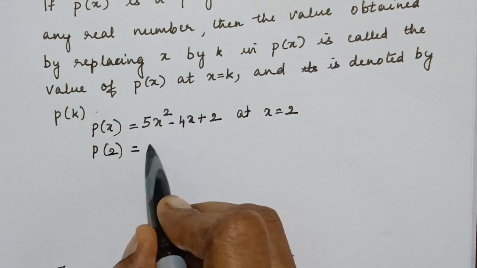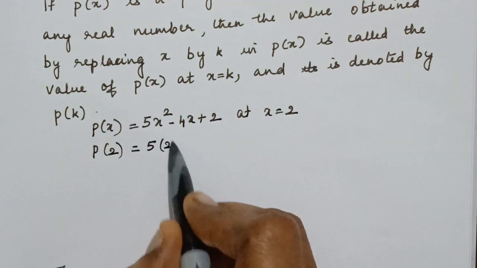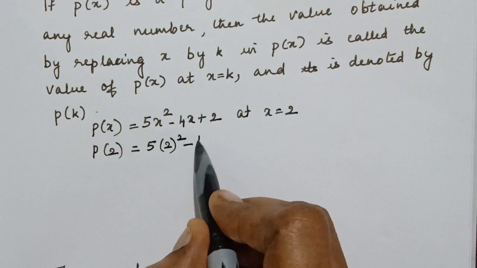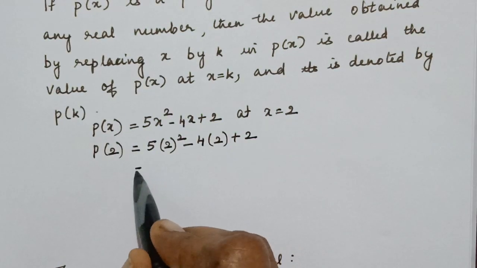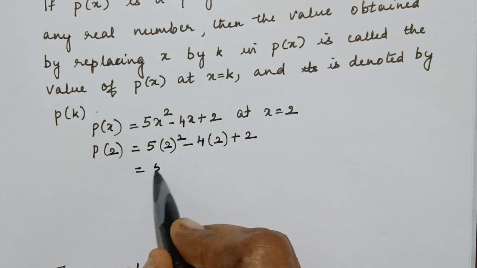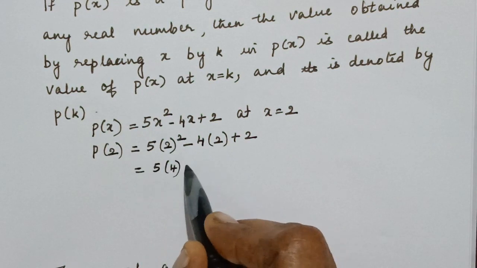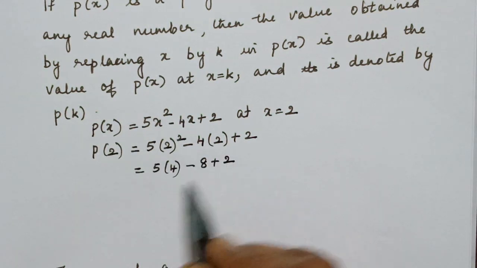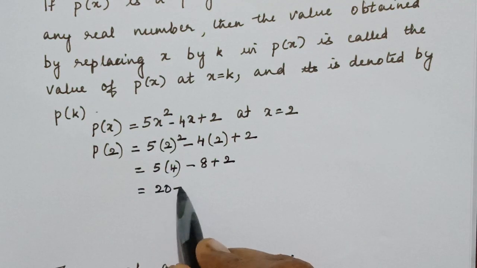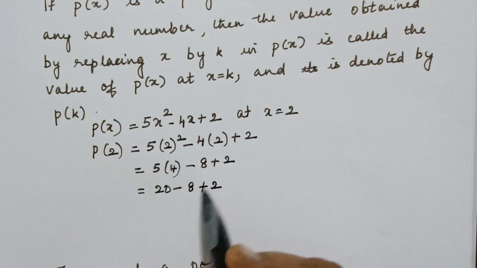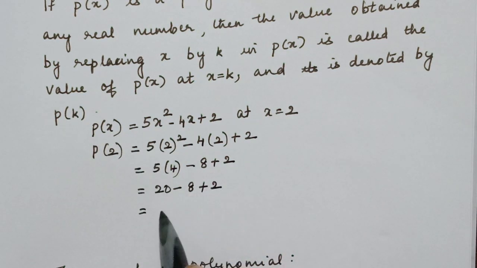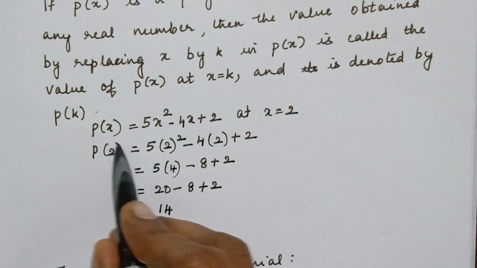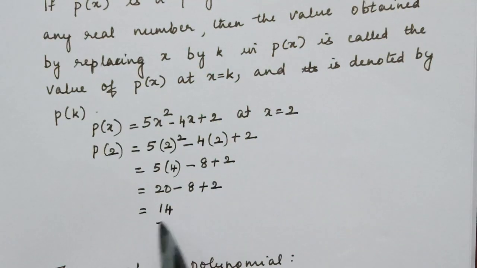This can be written as 5 into 2 squared minus 4 into 2 plus 2. You know that 5 into 2 squared is 5 into 4 minus 8 plus 2, which is equal to 20 minus 8 plus 2, which is 14. So what is the value of p of x at x equal to 2? It is 14.